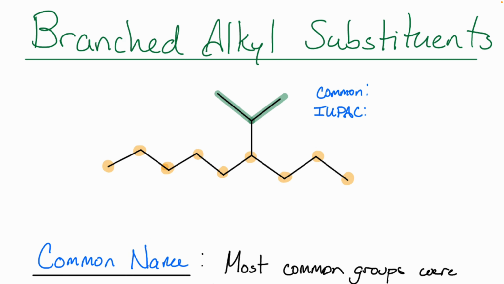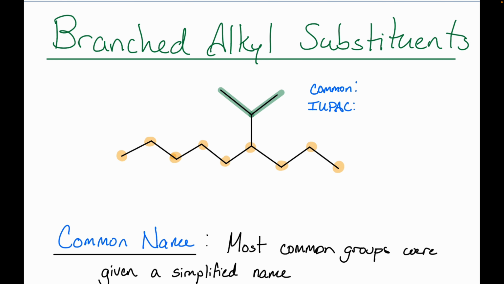So then this thing here, my common name for this substituent would be what? Which one is this one? Total number of carbons are 3, right? So these common names refer to the total number of carbons that are in there. So this would be an isopropyl group. So if I wanted to name this molecule, I'd do all my rules. I found my parent chain. In this case, there are 9 carbons in that parent chain. So what's my parent chain name? Nonane.